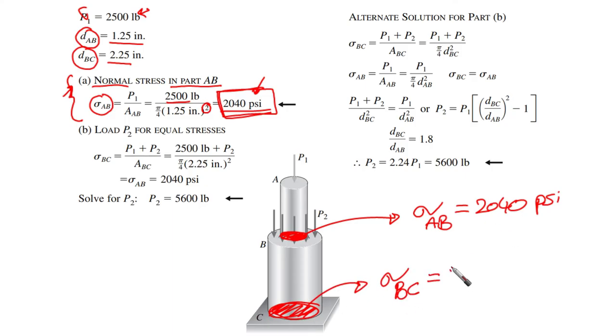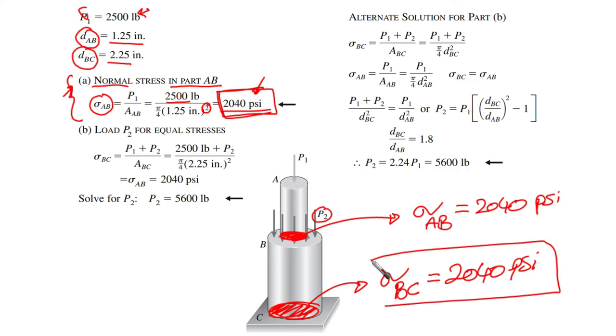We want it to equal 2040 psi as well. This is what we want to have. So now we want to know how we are going to obtain this P2 based on having the same stress as in the upper part.